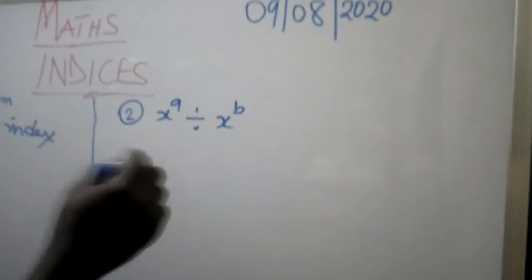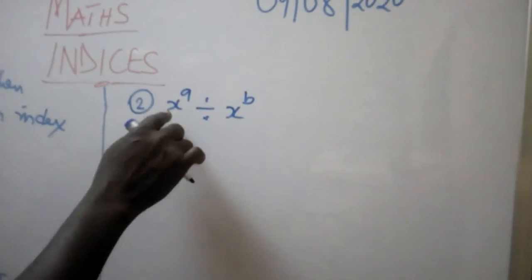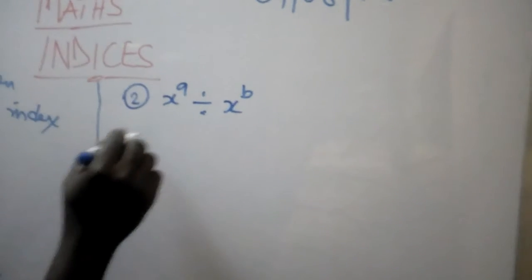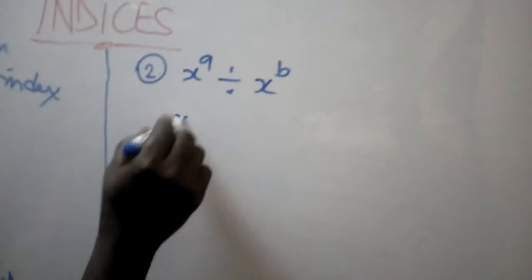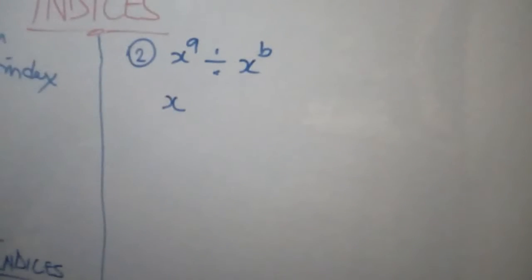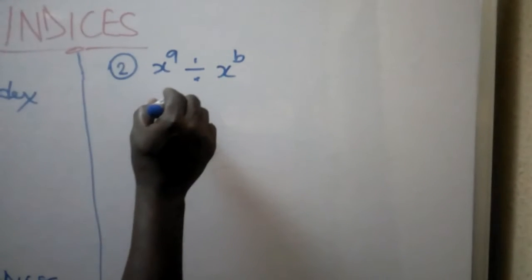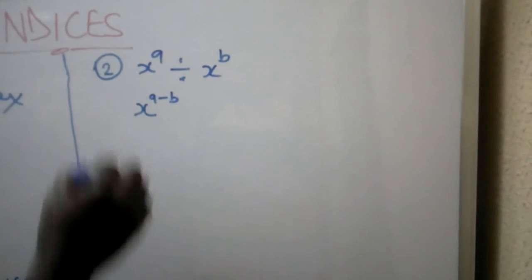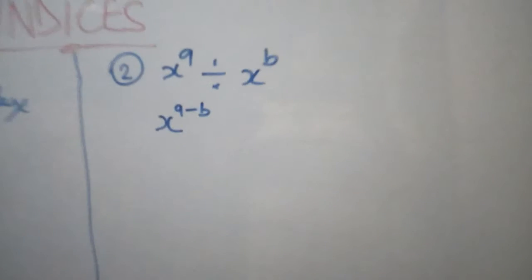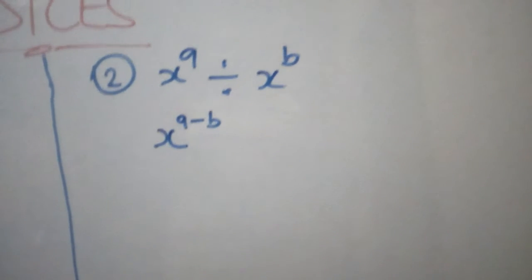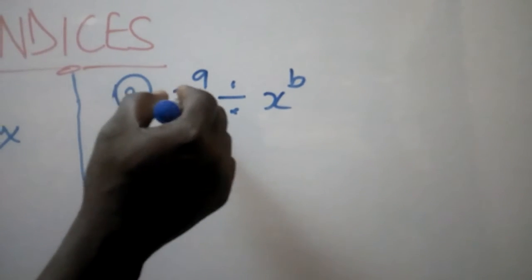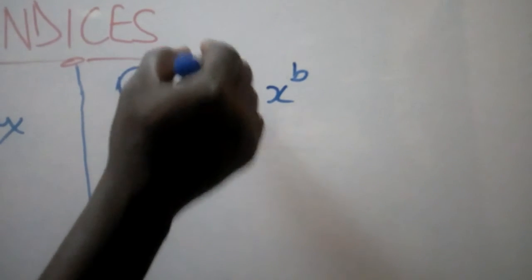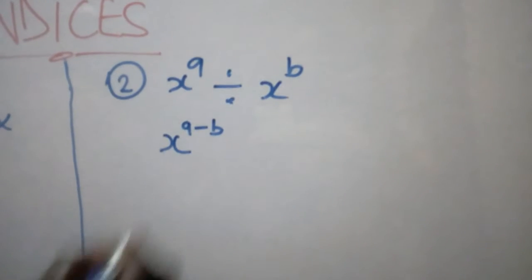What you do here is to pick one of the bases, x, then you subtract the powers. What you have as a question is x to power a divided by x to power b.